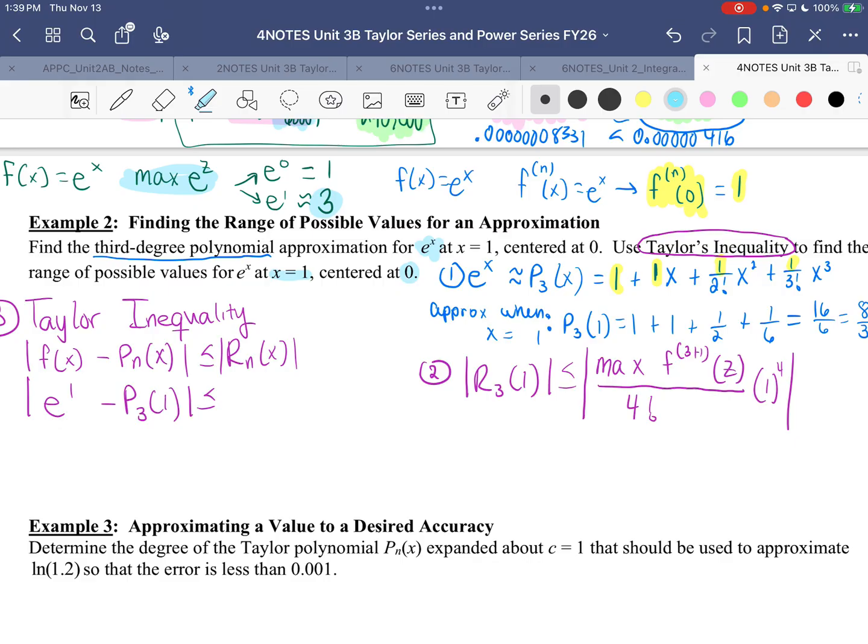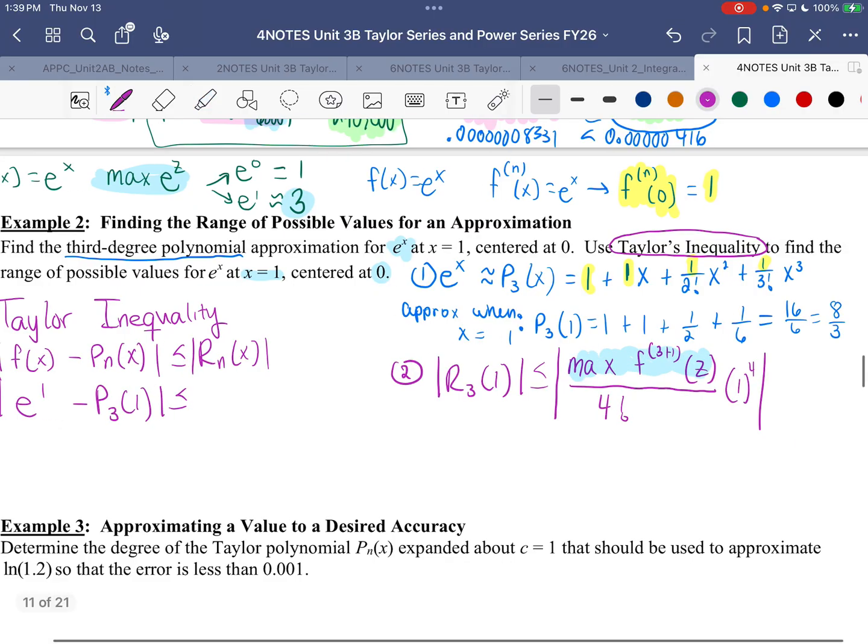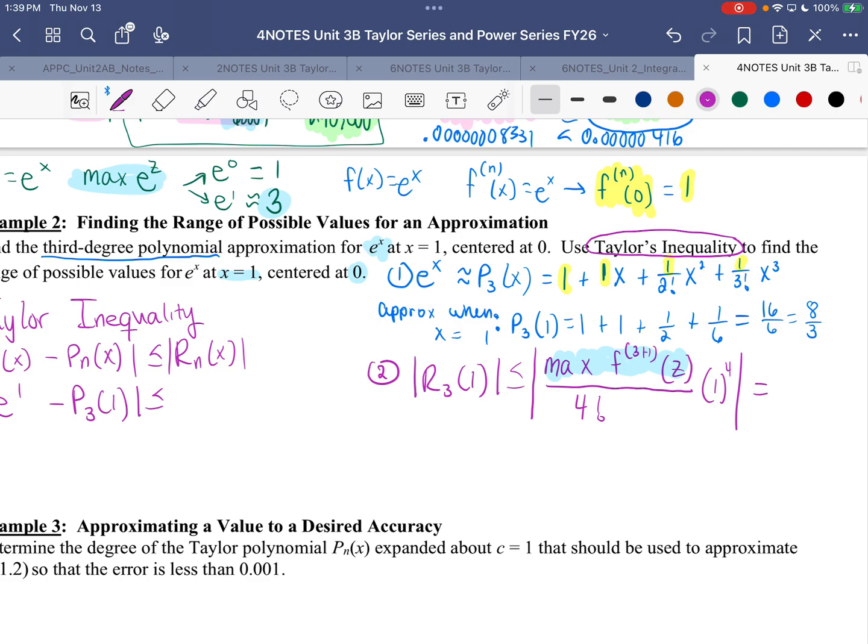Yeah, it's reasonable. So we're putting in 3 for that numerator, not 1. 3 over 4 factorial, which is 24. Okay, 3 over 24 is 1/8.